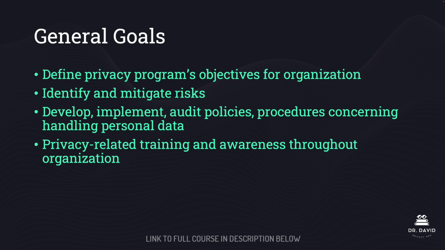Remember that having the most well-written, most robust, most fantastic, sparkly privacy policy is really all for naught if that policy is not being followed and implemented. And training and awareness throughout the organization, meeting folks where they are, that's really going to be very important in helping you to implement your policy.